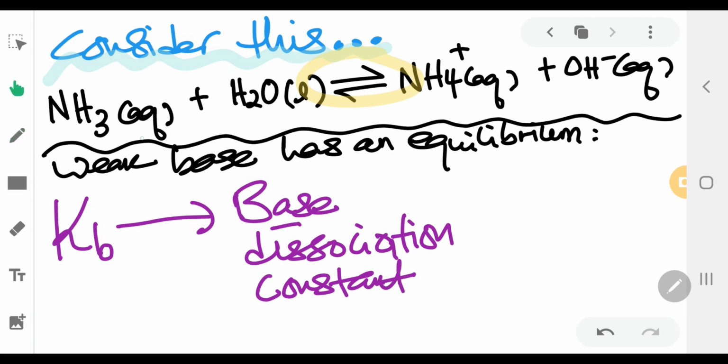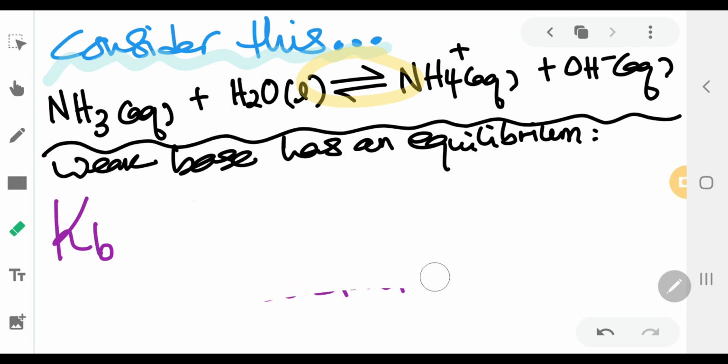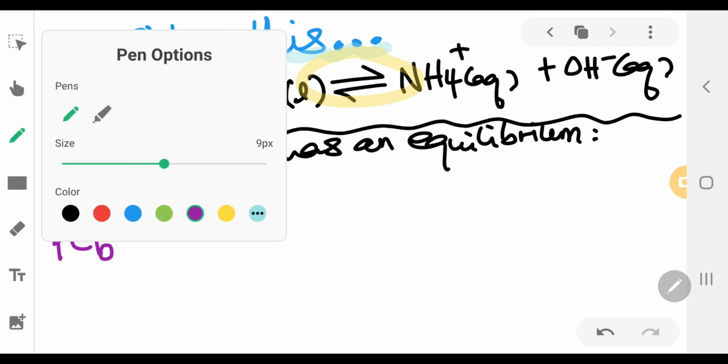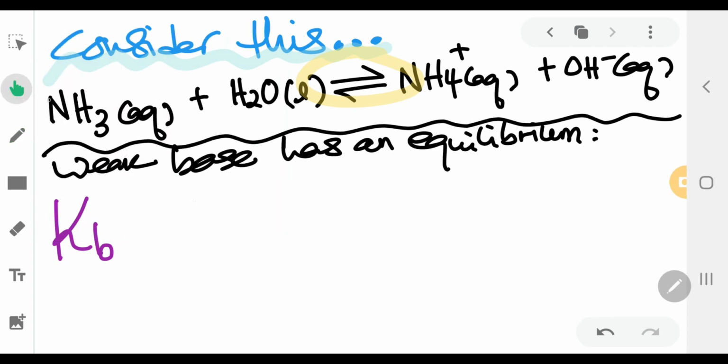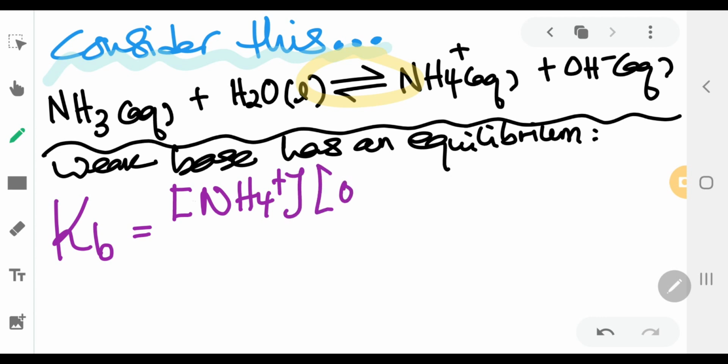So how to write Kb for the reaction that we have over here? It's very easy. It's the same as what we have done for Kp and Kc in the past. So the Kb for the reaction on top would be written as concentration of NH4 plus times concentration of OH minus.